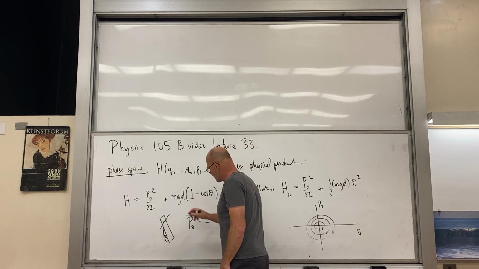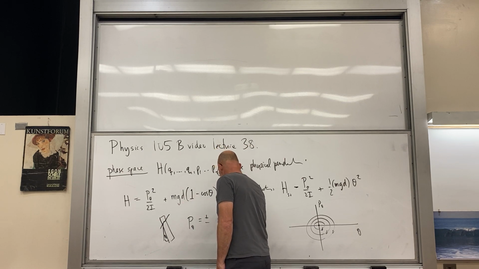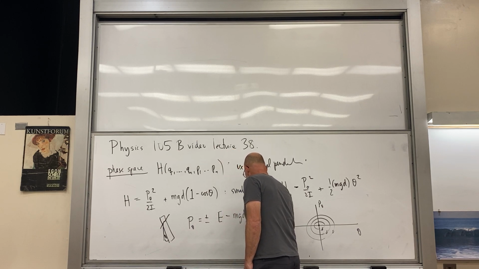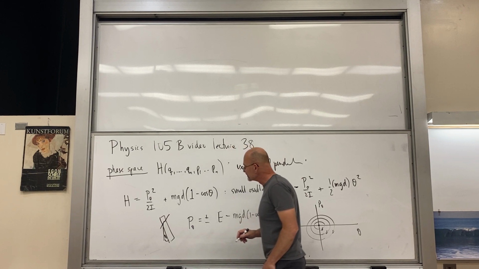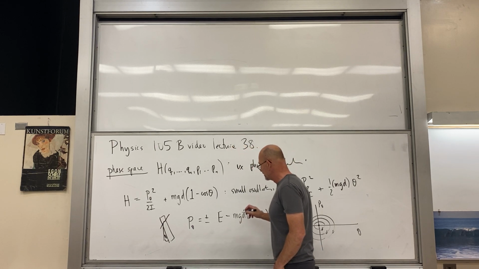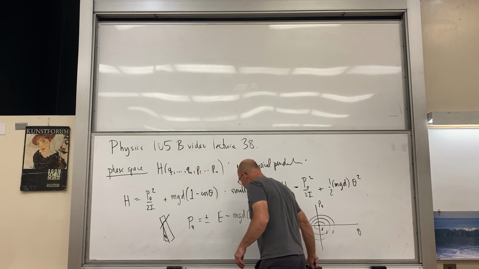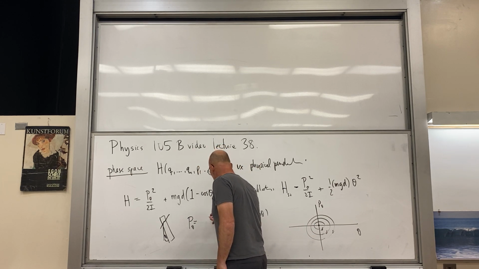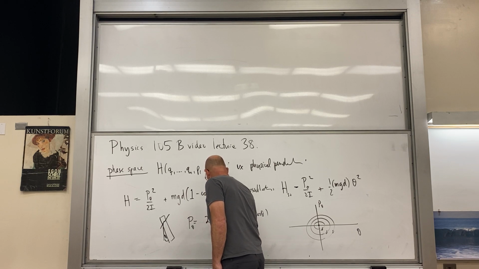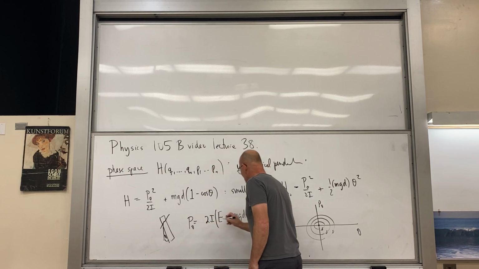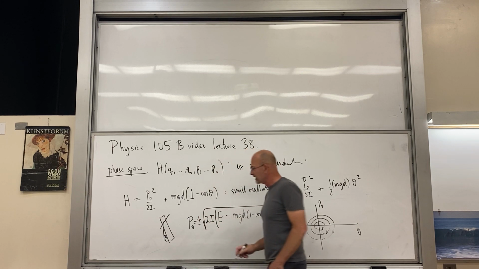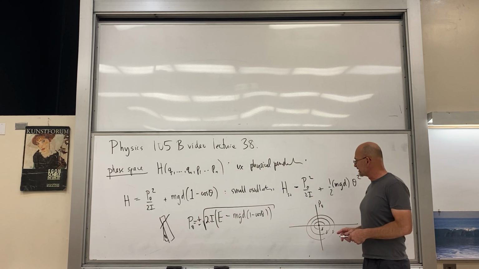So we've got H, I'll call it E, minus mgd cos theta, over 2I, and take the square root. And the plus minus is either the top or bottom half of the phase portrait.